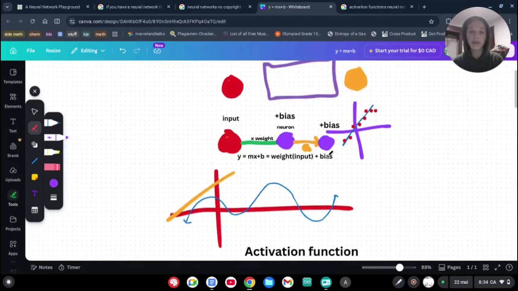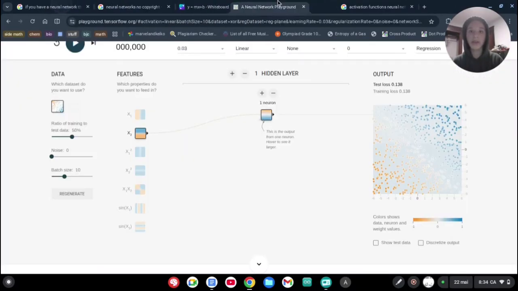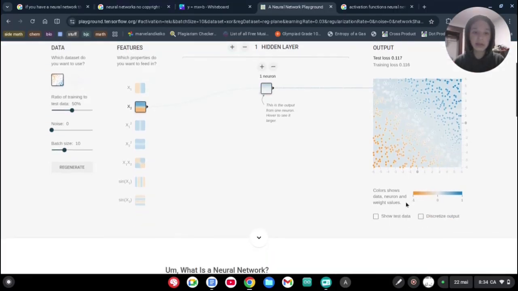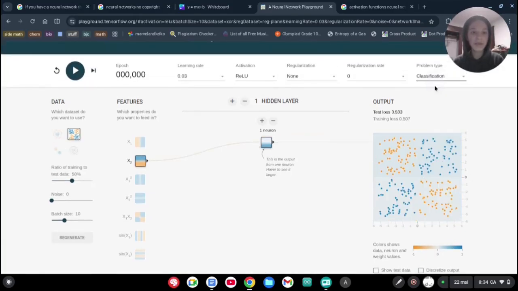Okay, so I want to come back here now, and now you can see we have an activation. Before I put it as linear, it's kind of reflecting what we had been doing. Let's say I put it as ReLU. I don't really know what exactly this setup is, but let's see.